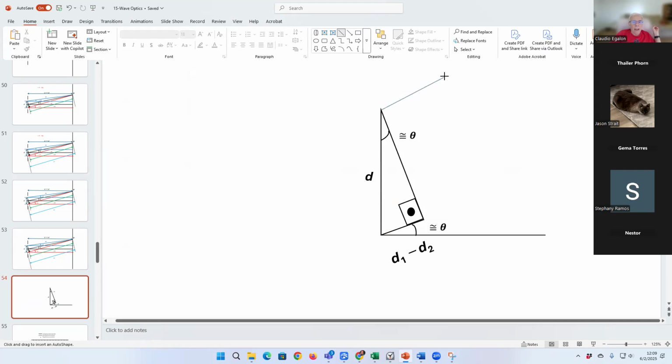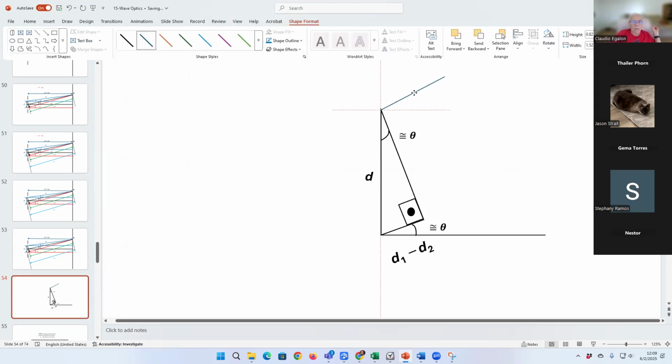Remember that the upper beam is coming out here. The lower beam is the side of the triangle here. The lower beam is almost parallel to the upper beam. Right?